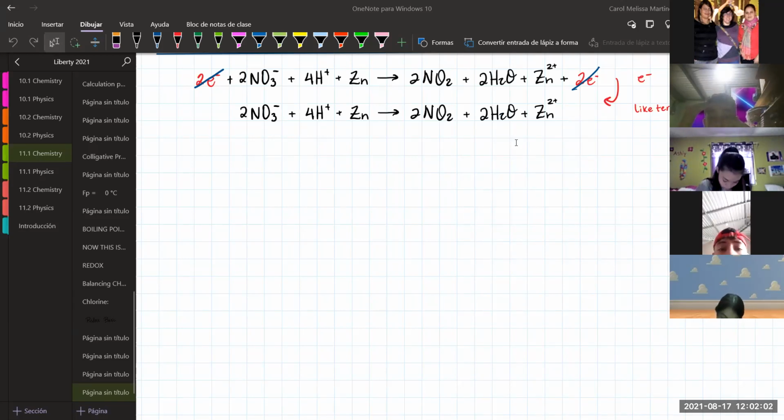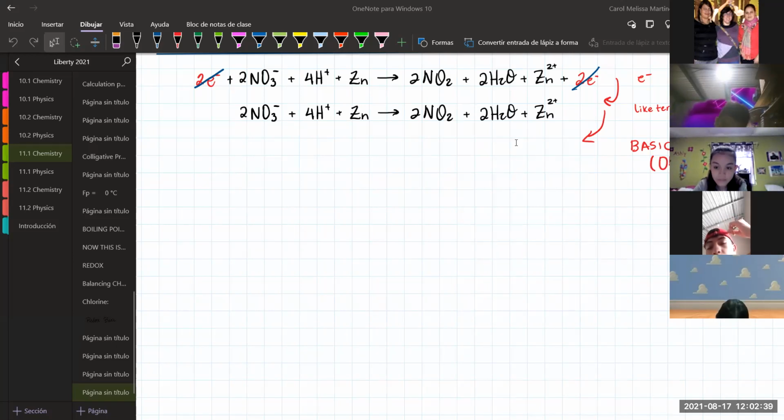Now, after, ok, volvemos al paso real. En el último paso que nos quedamos era, verificamos que no tenemos like terms, ok. Y como no tenemos like terms, empieza lo que es el procedimiento basic. Vamos a convertir esta ecuación into a basic equation. In basic, an equation turns to be more basic when you add OH ion o el ion hydroxide.